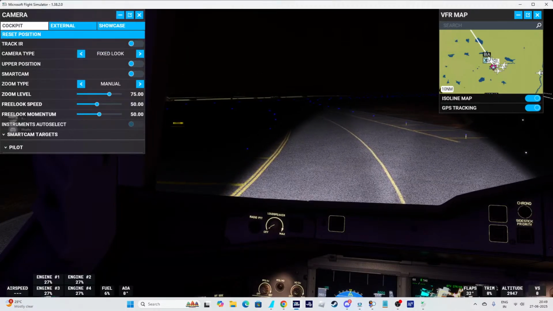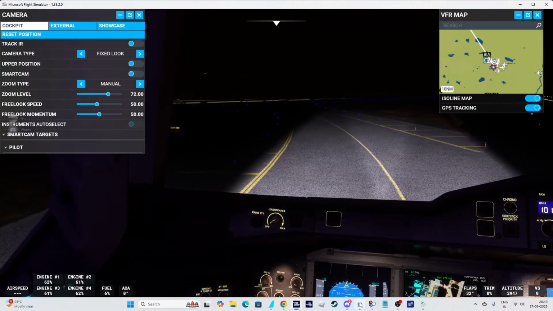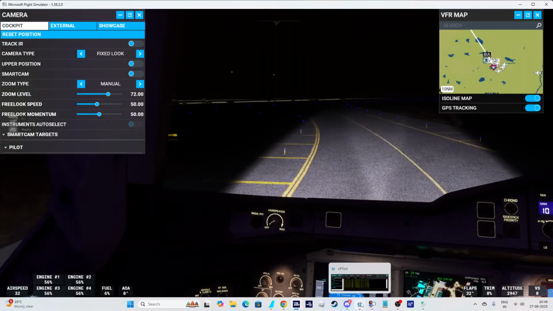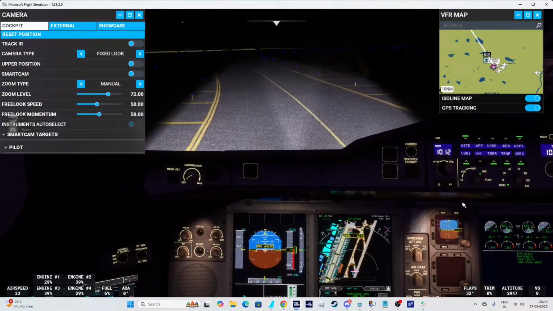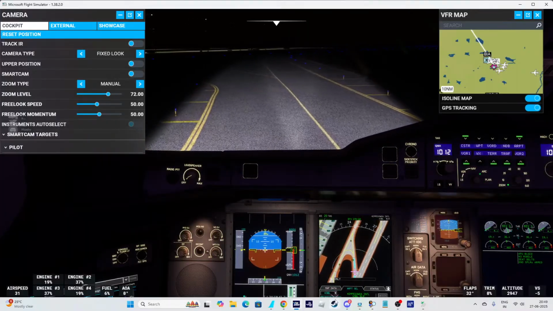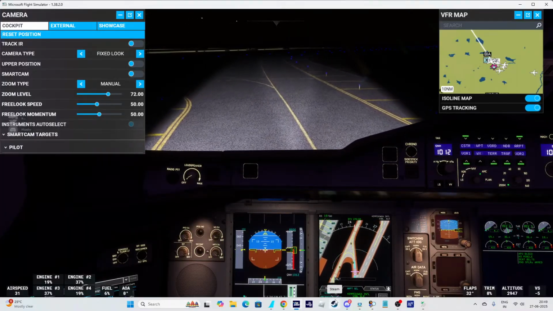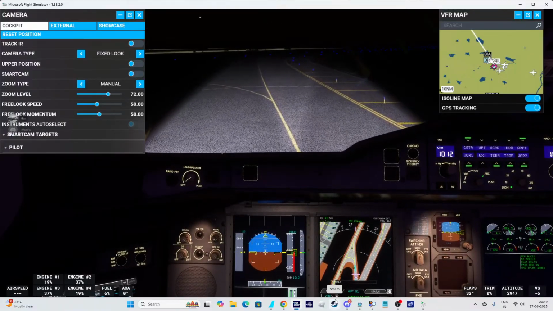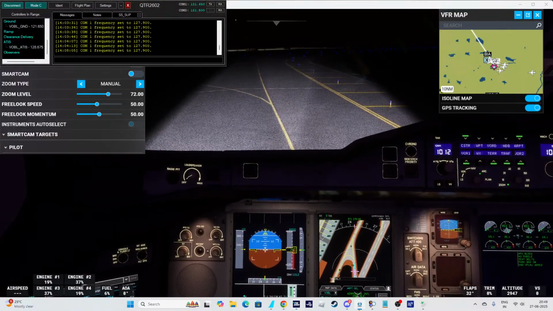Qatari 2602, taxi via Alpha 8, Alpha Kilo Lima 2, stand 505. I'm sorry, could you repeat the message? Qatari 2602, Bangalore ground, Namaskar, welcome to Bangalore, taxi via Alpha 8, Alpha Kilo Lima 2, stand 505.